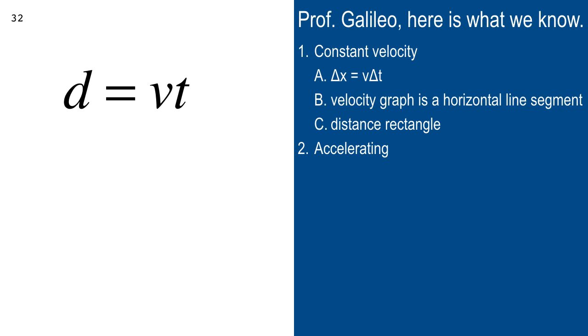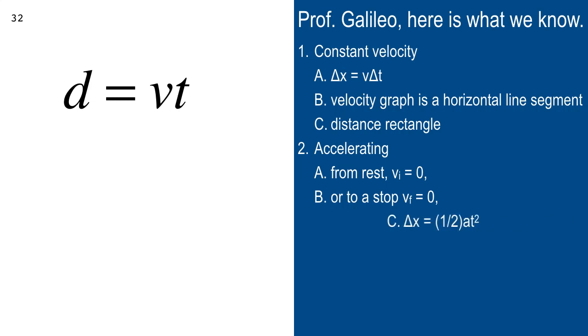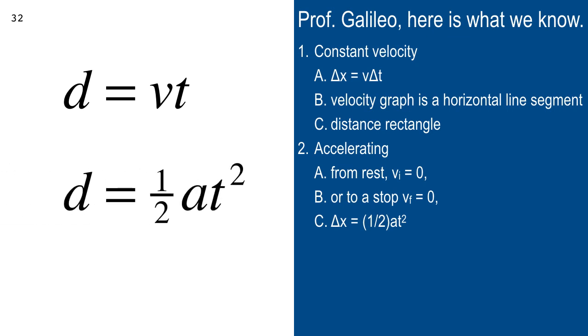All right, now accelerating systems from rest or to a stop, Vf equals 0. Yeah, we can do that. And those are going to be 1/2 at squared, 1/2 base times height. So that's the distance triangle formula.